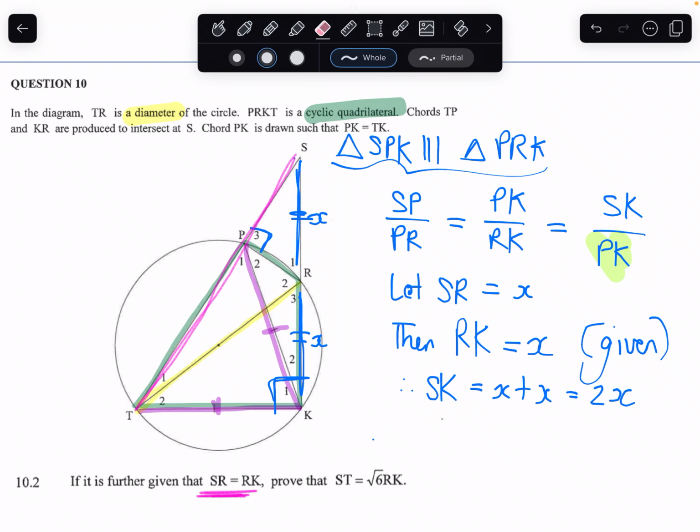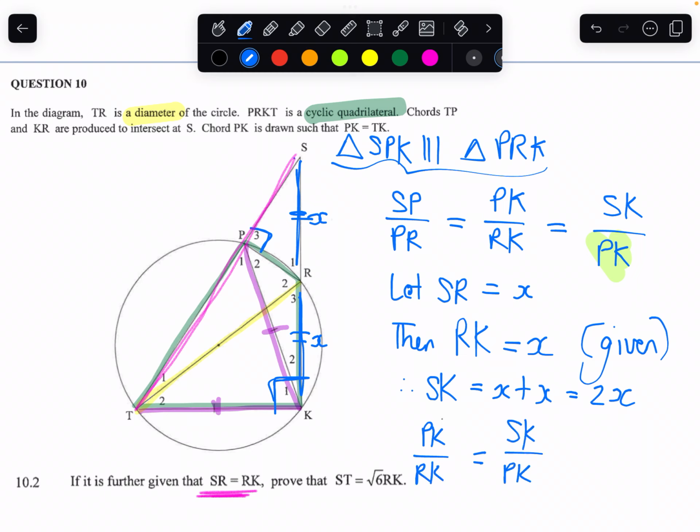We know that PK over RK is equal to SK over PK, because we've just shown that triangle SPK and triangle PRK are similar.